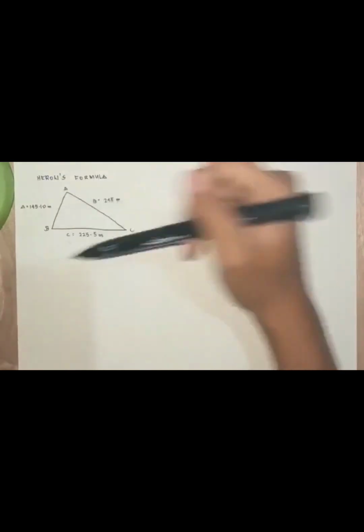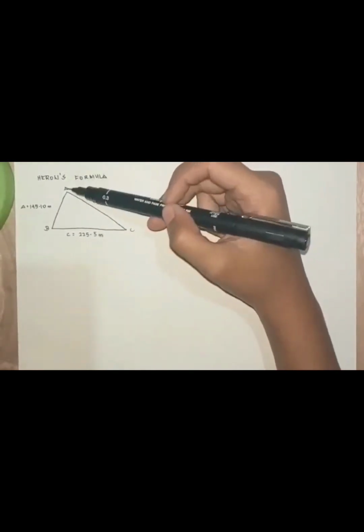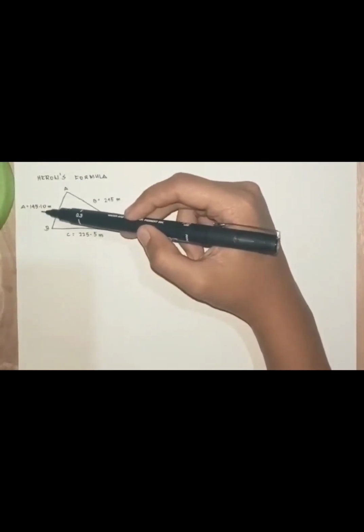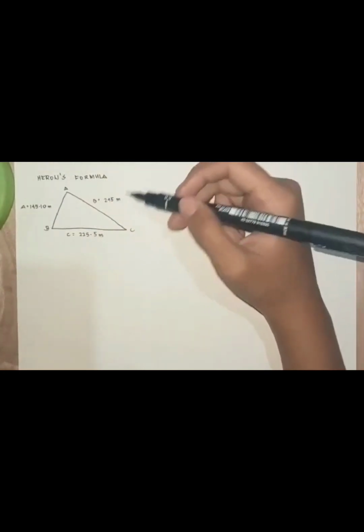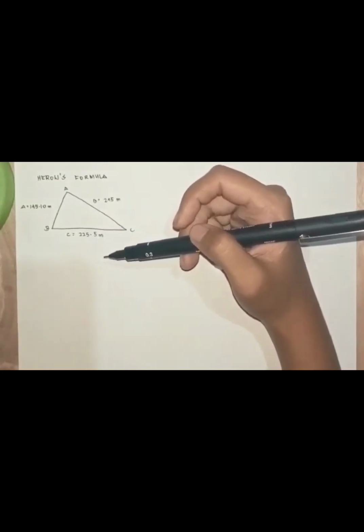This is the figure of the given example. This is the A and the B and the C. The value of A, we have 145.10 meter, and the value of B is 245 meter, and the value of C is 225.5 meter.